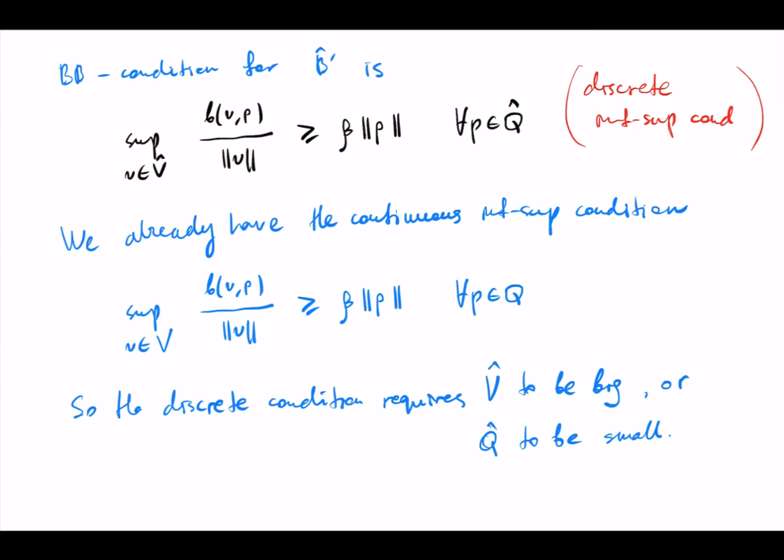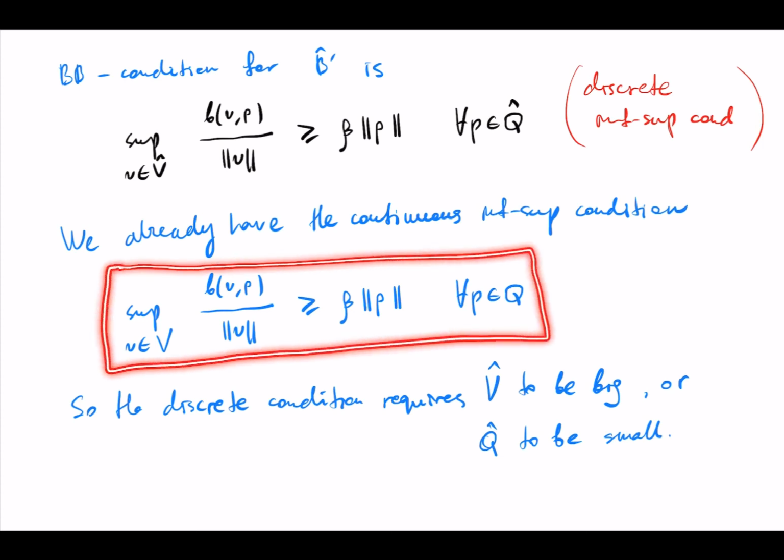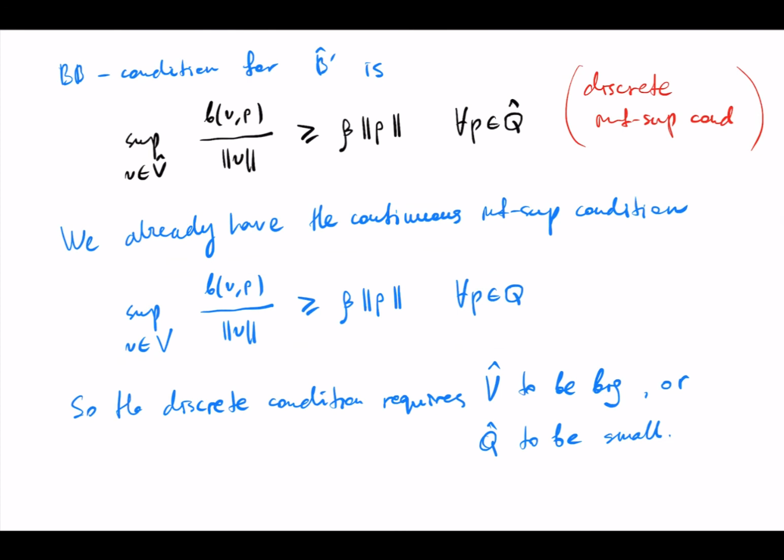Now, since we are solving this saddle point problem, we can assume that we already have the continuous inf-sup condition. Look at the difference between the discrete and the continuous inf-sup conditions. The continuous condition says that for any given P from Q, there exists V in V that satisfies this inequality.